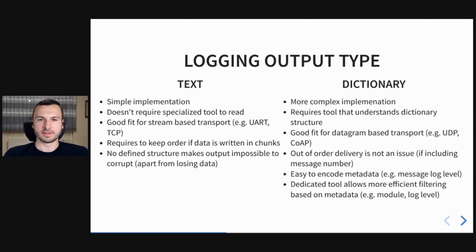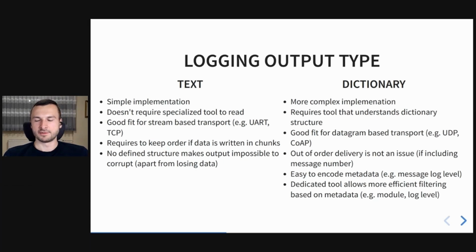Here we'll talk about the possible output types of logging backends. So we can either have the log messages represented as text or as a dictionary. So text is very simple. So the log message just needs to be converted to string. So if there's an integer, it's converted to string. If it's a binary data, it's also converted to, for example, hex string.